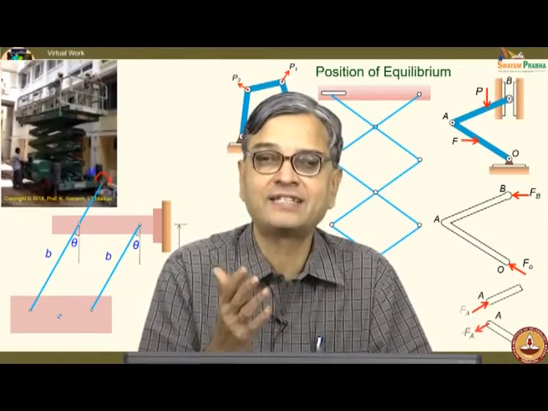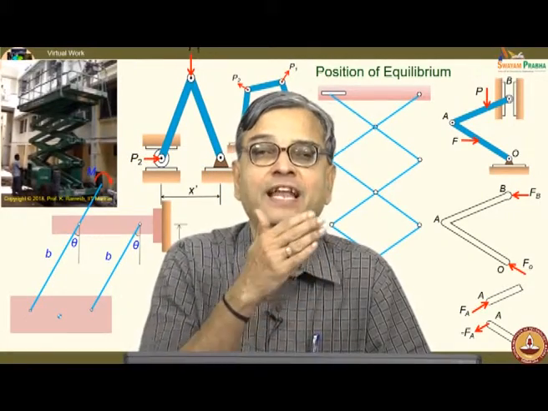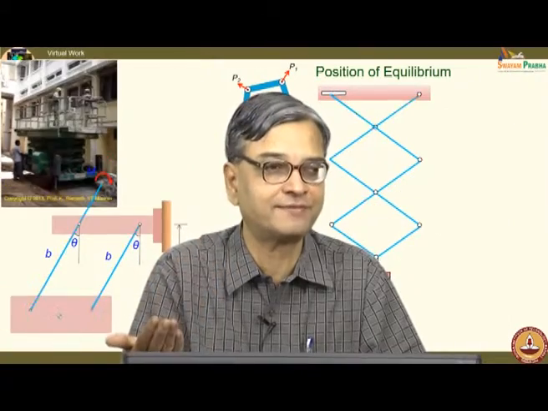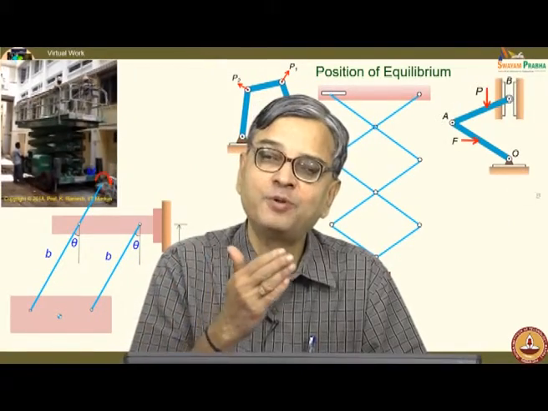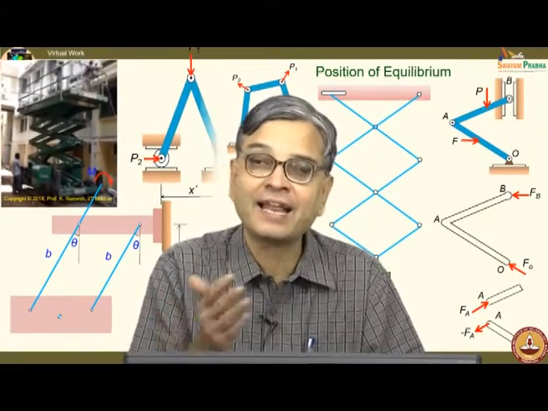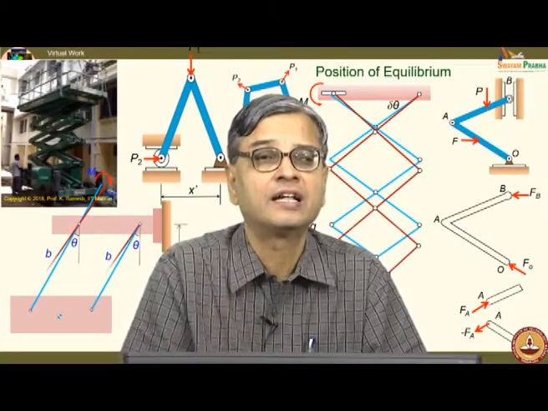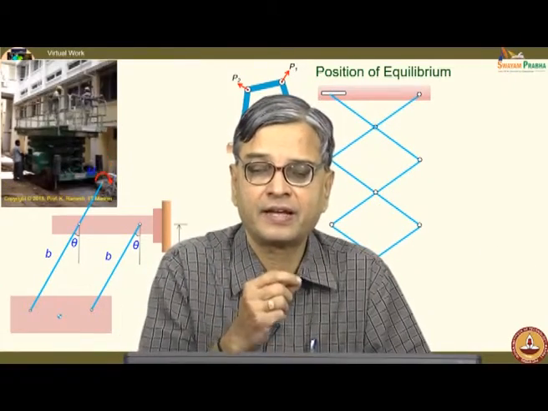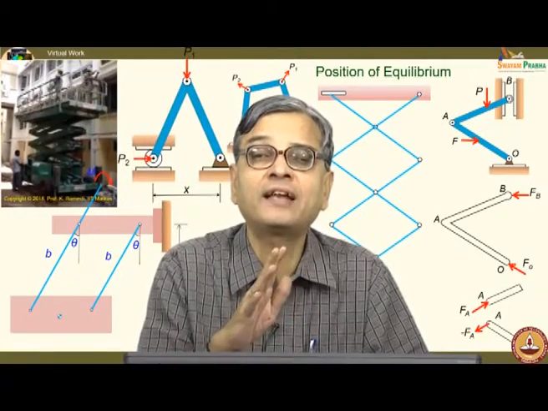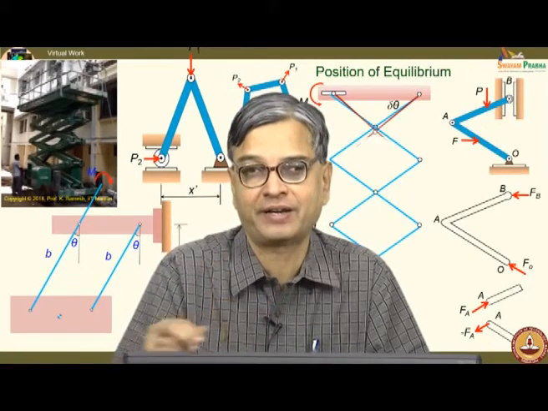We have seen work is a scalar, and if I have the corresponding displacement in the direction of the force, then I have positive work. If the corresponding displacement is opposite to the force, then I have negative work. This is a very strong idea that would help you to solve a problem no matter which independent variable you select. That is the best way to do it.